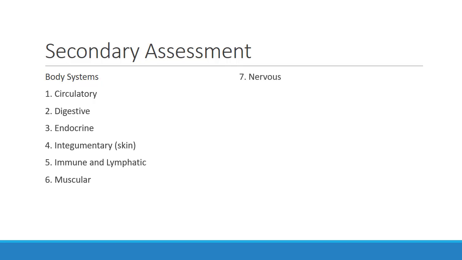Then you have the nervous system, which deals with the brain, spinal cord, and nerves. The renal and urinary system, the reproductive system, the respiratory system, and the skeletal system, which is the bones. So those are the 11 body systems that we will eventually talk about in anatomy and physiology. We'll just talk about a couple of them here as we go through the secondary assessment.